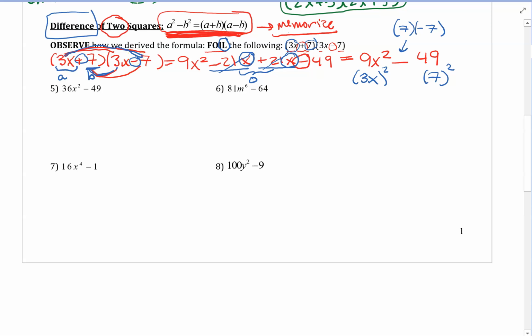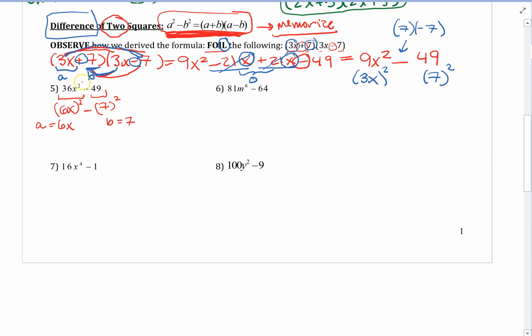So then I look at numbers like 5, 6, 7, 8, and I recognize they're all perfect squares. Look at all these numbers. 36, that's a perfect square of 6, right? So this is 6x squared. 49 is the perfect square of 7. So this is a difference of 2 perfect squares. I can say that the a is 6x and the b is 7.